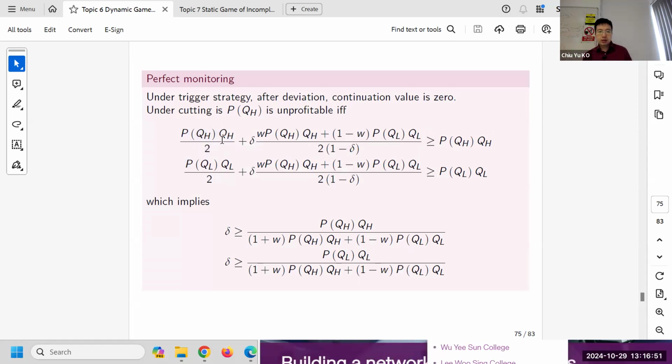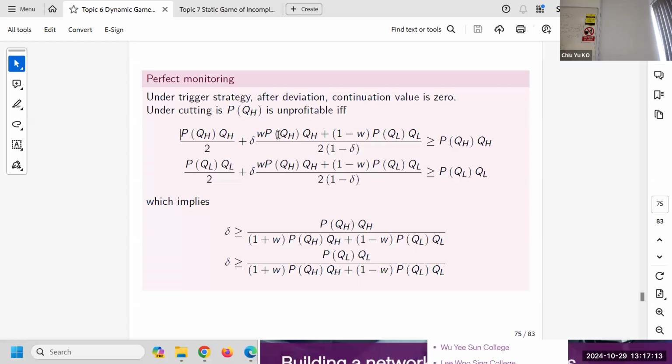If QL, we get this one. And now look at this particular one. This is slightly more complicated.